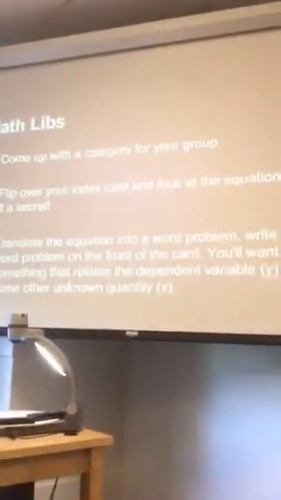I'm going to hand you all an index card, which will have an equation on it. Keep that a secret because that's the answer to the problem that you're creating. You're going to translate the equation on the card into a word problem, and then you can either write it on the front of the card or in your notebook. You'll want to remember, you want something that relates the dependent variable y to some other unknown quantity x.